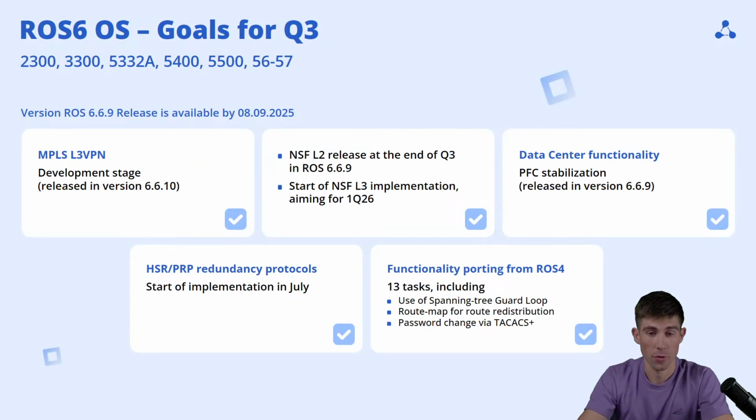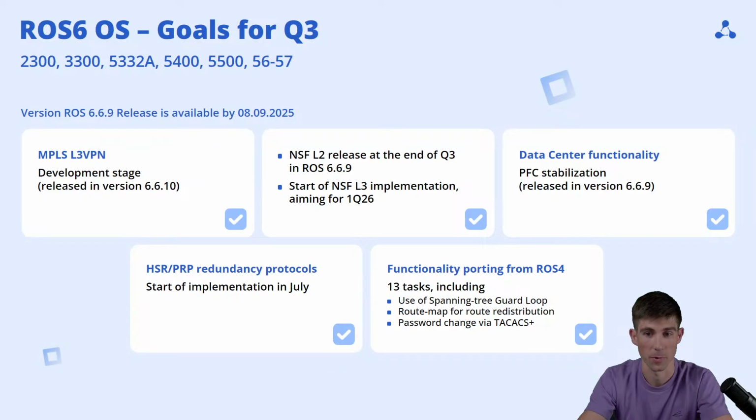For the third quarter, which we are actually at the very middle of right now, we have quite a few things to cover. The most important would be MPLS L3 VPN. This is another feature that is taking quite significant resources to implement.